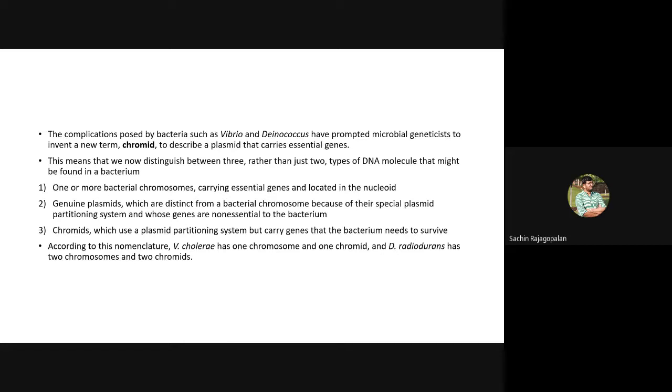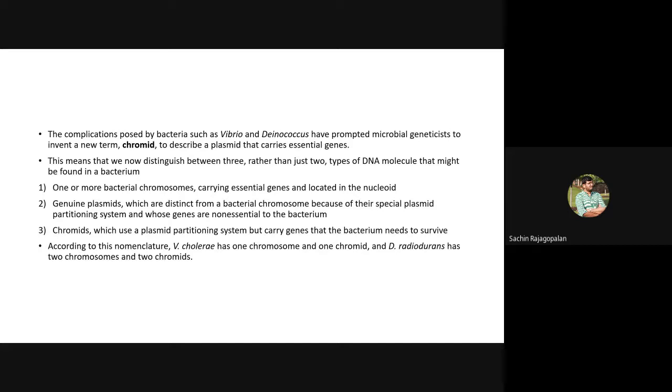They are responsible for most of the essential genes for survival of the organism, and are organized in the form of a nucleoid, which we have already discussed earlier. We have seen that there are some proteins which are very similar to histones, while there are some proteins which are very different from a histone-based organization.